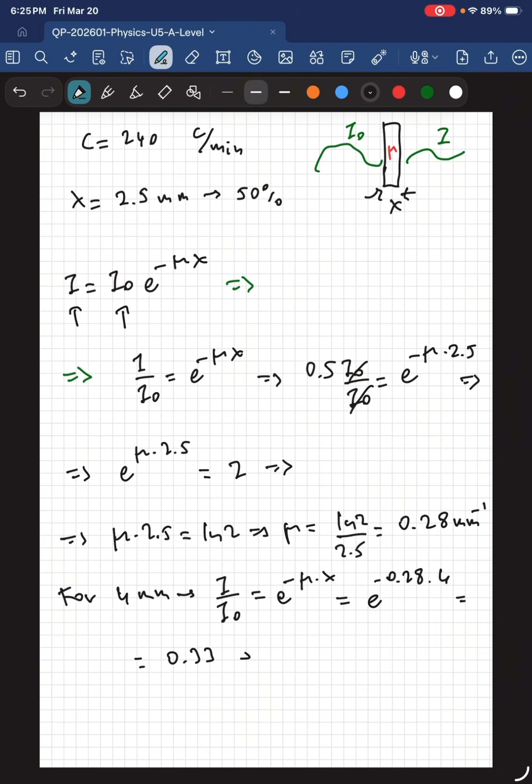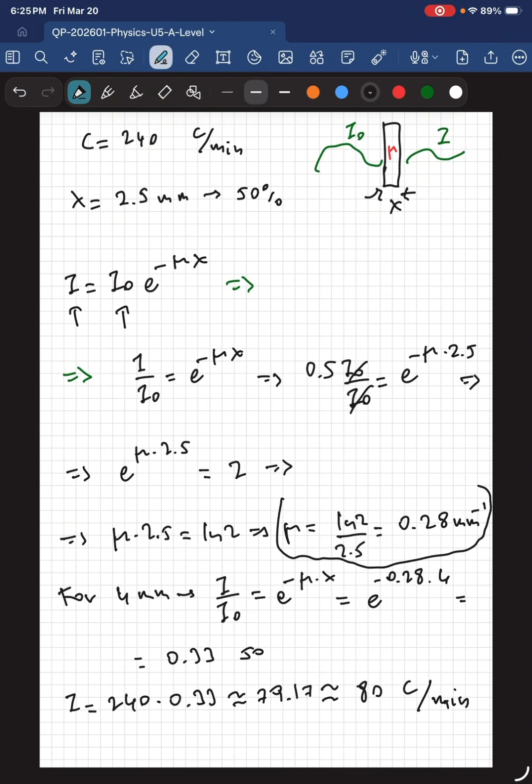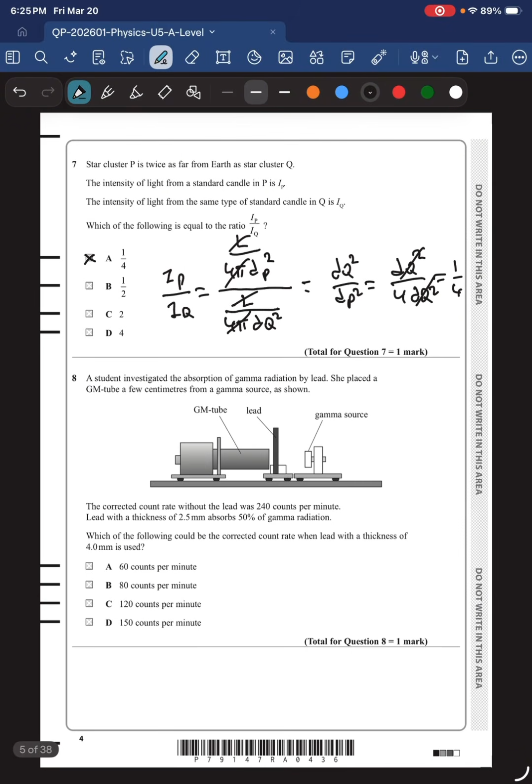So I is 240, which is I naught, times 0.33, or 79.17, or 80 counts per minute. So once you know mu, you can find how much radiation will pass through for any thickness you want. And by the way, I named it C, but this is actually I naught. So up here, it makes more sense to write I naught. Okay, so the answer is B. This was a little bit tricky.